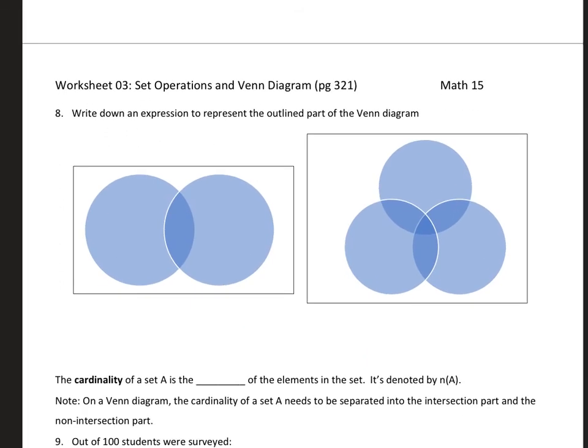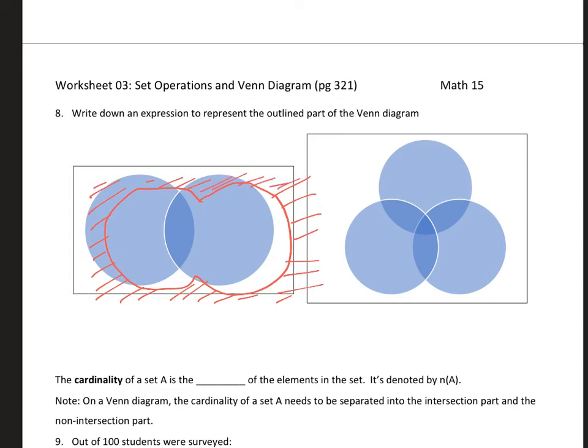All right, number 8. I'm going to make a problem. Write down the expression to represent the outline part, which is not there. So I'm going to make it up right now. How about this one? This, but outside here. How can I write out the expression representing this part? So A, B. Notice that A and B is there.